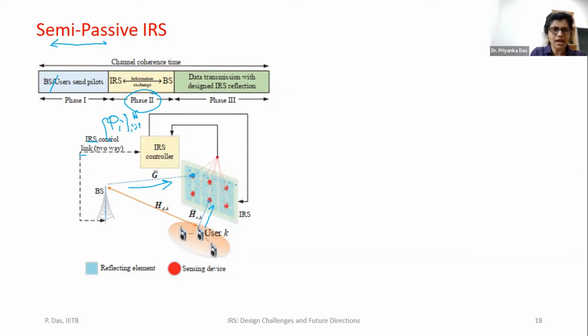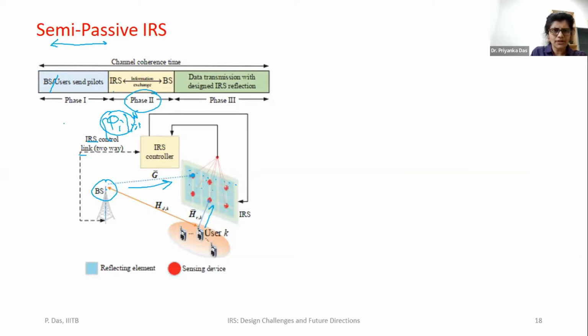So the base station and IRS need to do information exchange. The base station can do active beamforming once the phi_i are known. The channels are used for beamforming both ways, also for passive beamforming here. That's why the base station also needs to know the channel.